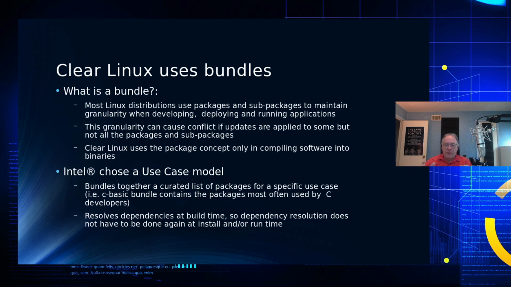And so the mixer tool then mixes together all of those other packages, the RPM packages, to create a stable base. And then Intel tests that to make sure that it will work before they release that bundle. So it's designed to try to minimize failures because of package conflicts.